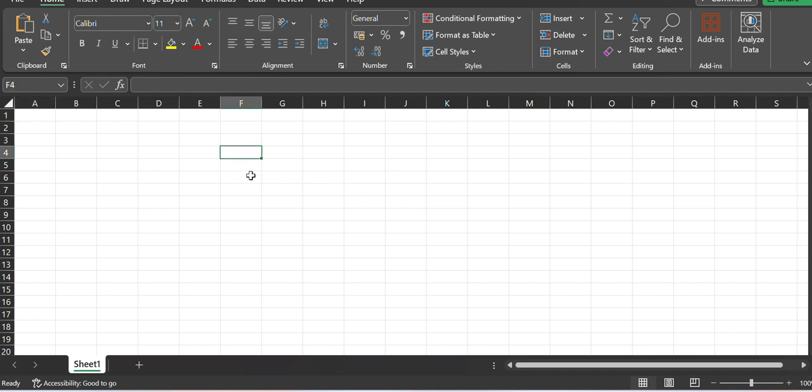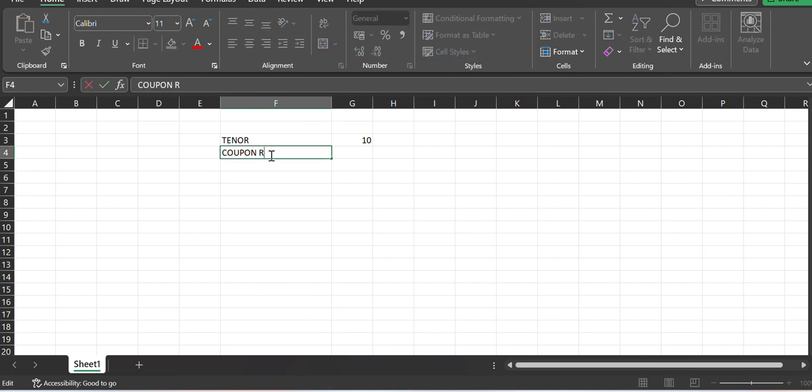So if you remember what we've been talking about, there was the tenor, which is the length of the bond. So we'll go for a 10-year bond. Then there is the coupon rate. The coupon rate is the interest rate per year that will be used to calculate your interest for your coupons.